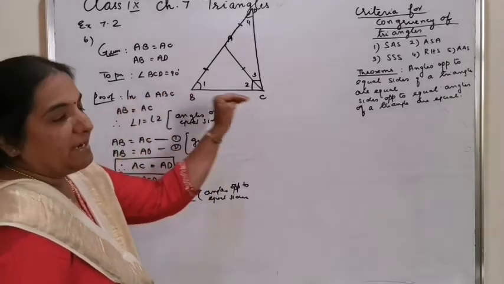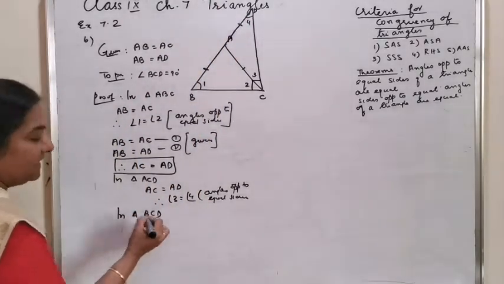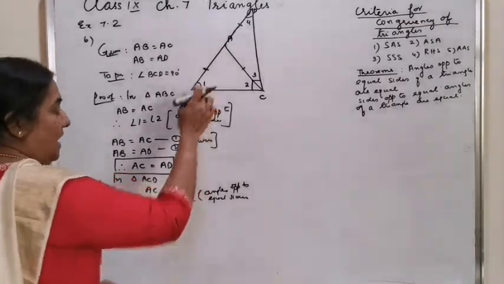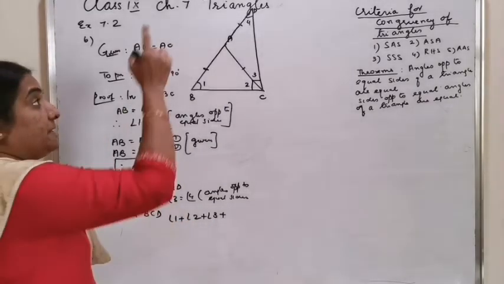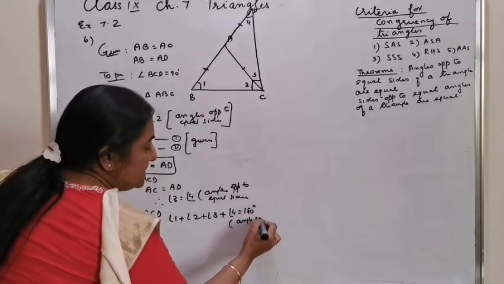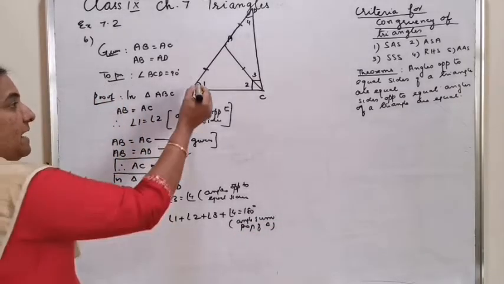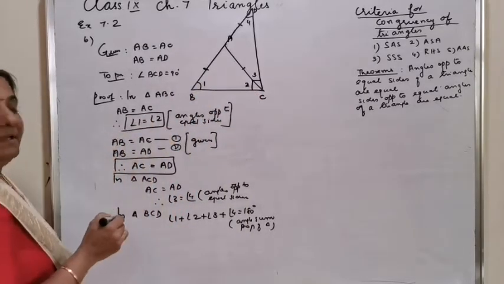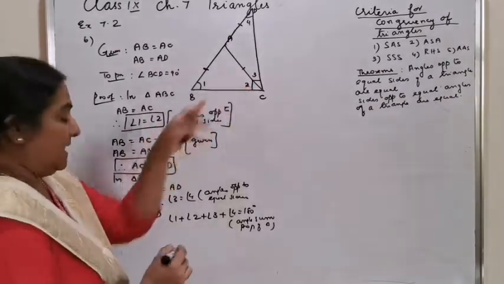Consider the triangle BCD. In triangle BCD, apply angle sum property of triangle. Angle 1 plus angle 2 plus angle 3 plus angle 4 is equal to 180 degree. The reason is angle sum property of triangle. Angle 1 and angle 2 are equal. Either you can choose angle 1 or angle 2. Let's choose angle 2.